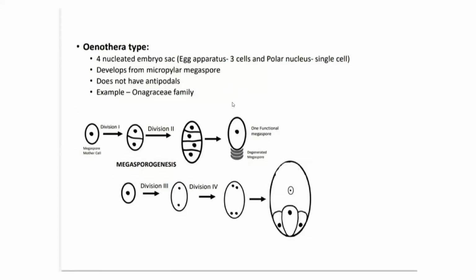In Oenothera lamarckiana, the micropylar megaspore is functional and takes part in the development of the embryo sac.